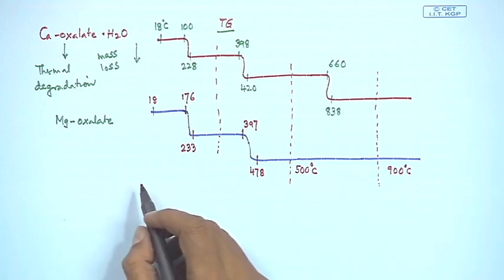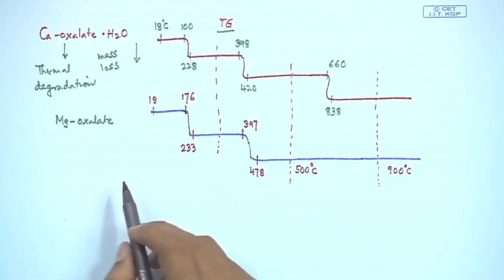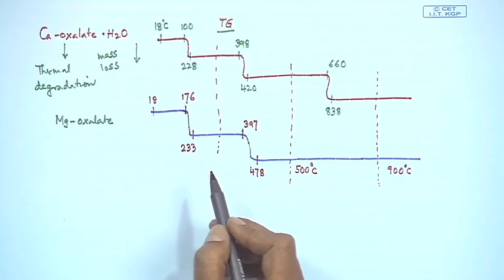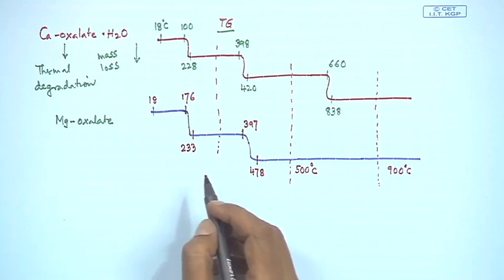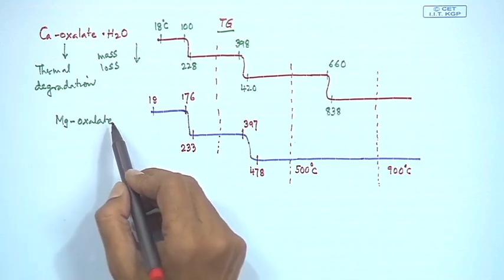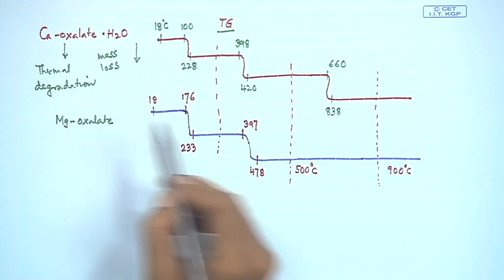So, this calcium oxalate and magnesium oxalate have something different, such that we can find the optimum temperature range where we try to dry or condition this precipitate for gravimetric analysis.